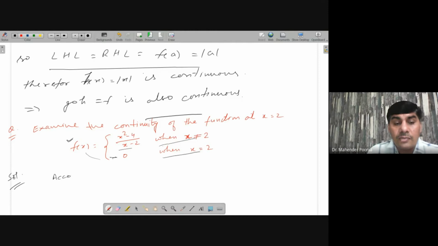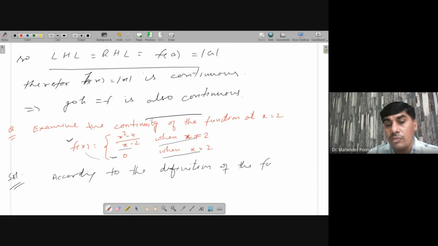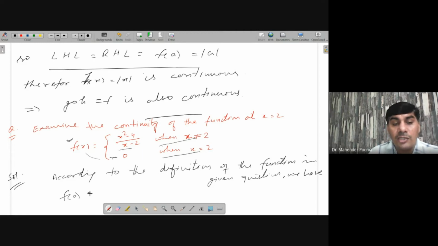According to the definition of the function in the given question, we have f of 2.